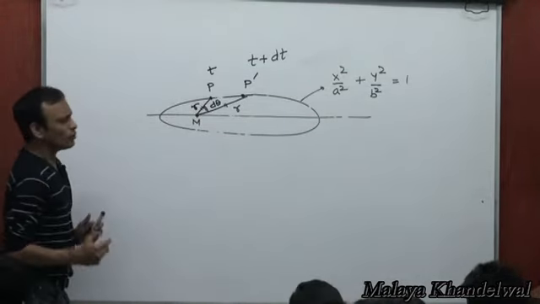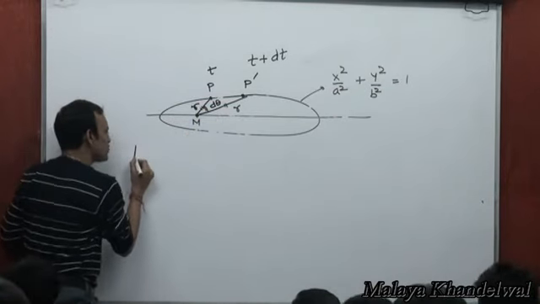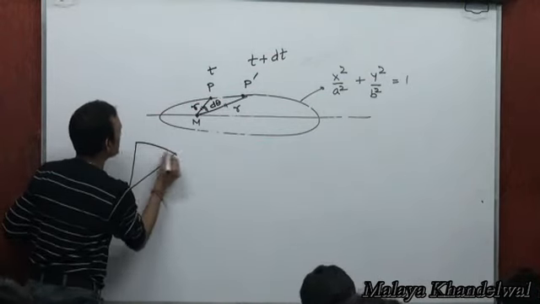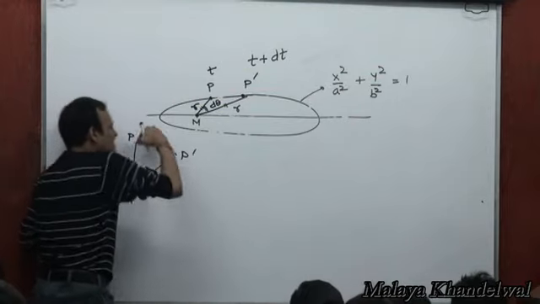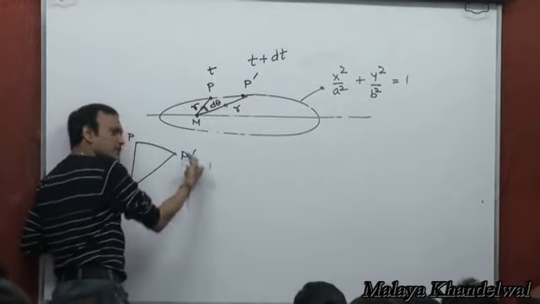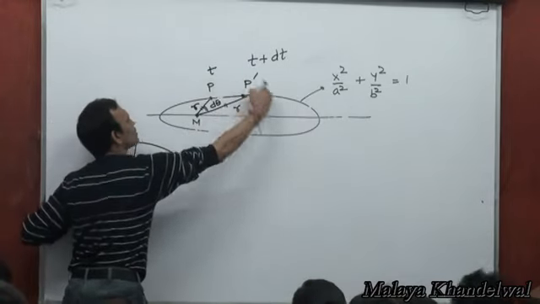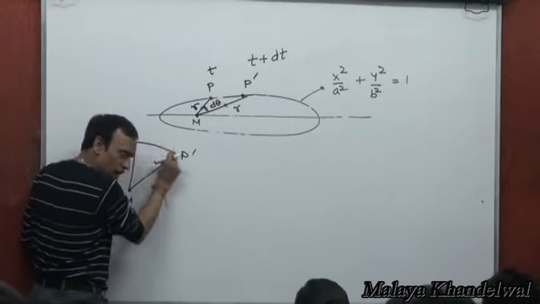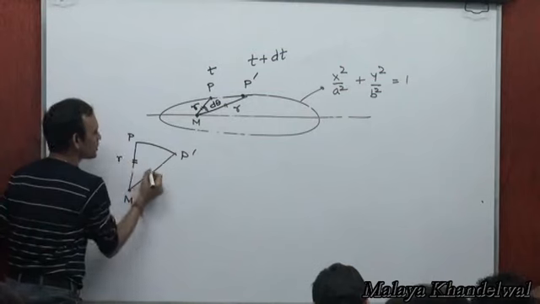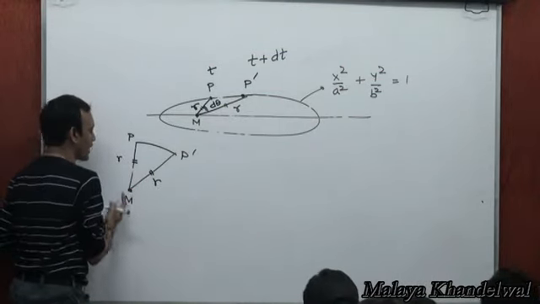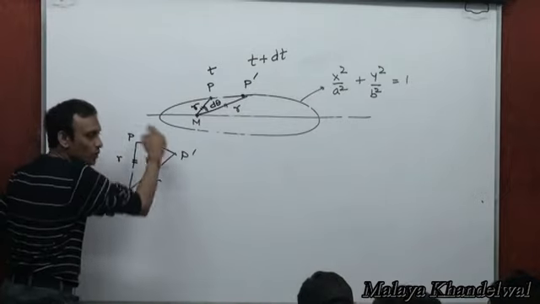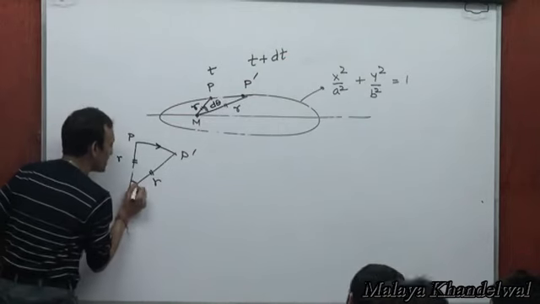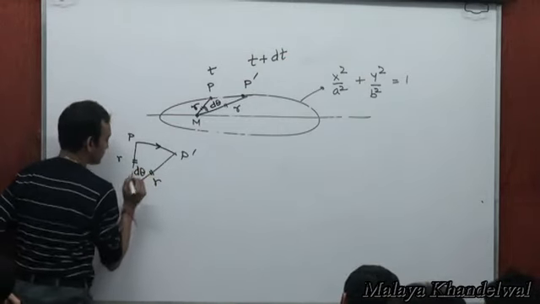Now, for a small d theta, this PP prime is as good as an arc of a circle. This is practically like a circular path for a small time dt. It could be approximated to be a circular arc with radius r, because r remains practically the same. It's almost like a circular arc centered at M in a small time dt in its journey from P to P prime, describing an angle d theta at the focus.